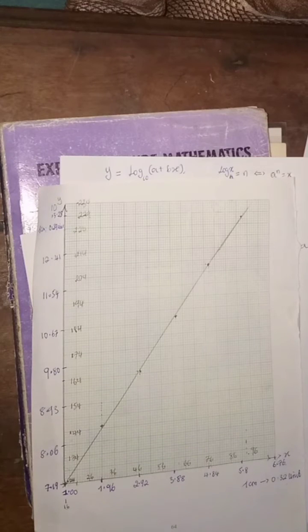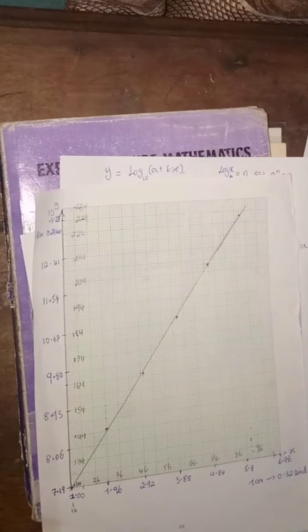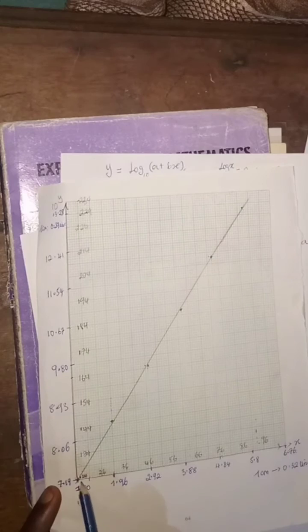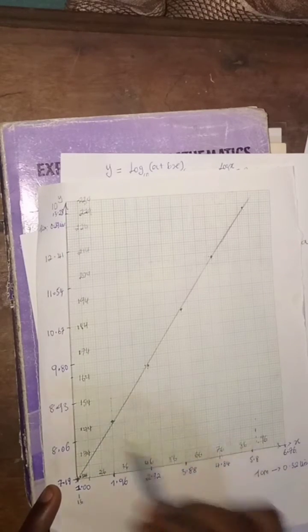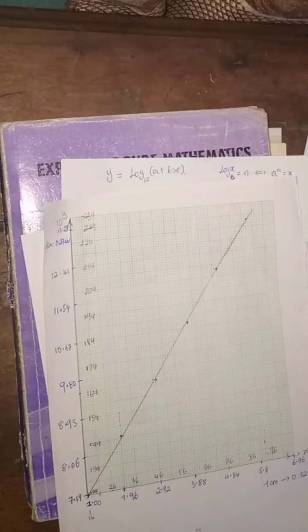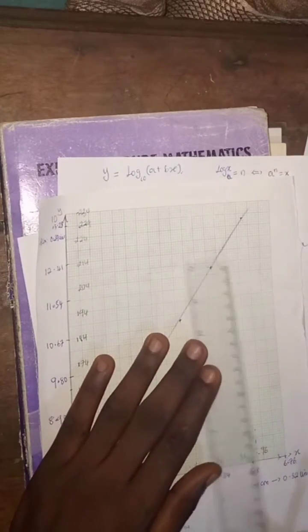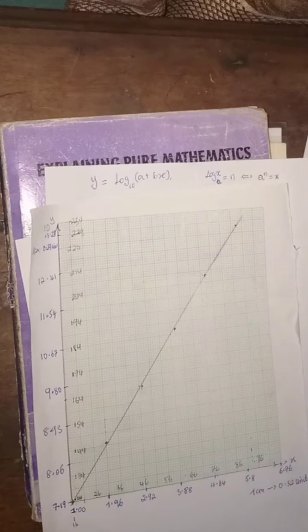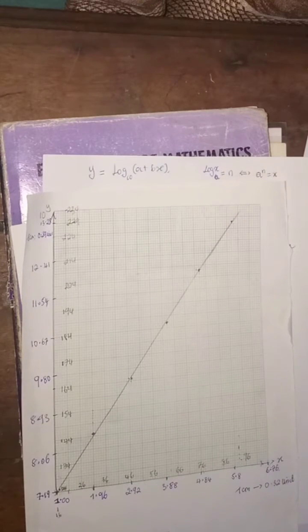Very neat and clean. Now the next thing is, like I told you, that you will not need these values here. You will not leave them here, right? They were just to help you to plot your points. Now the next thing I will do is take 2 points on the line that I will use in calculating the slope of this graph.